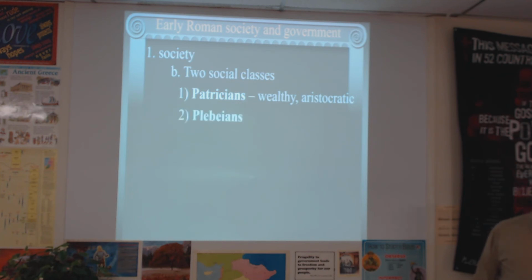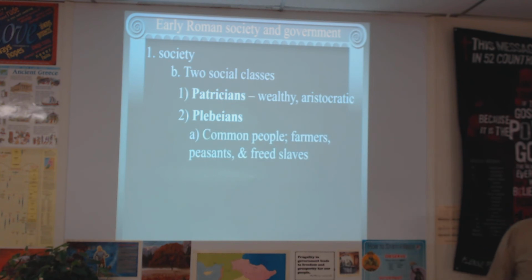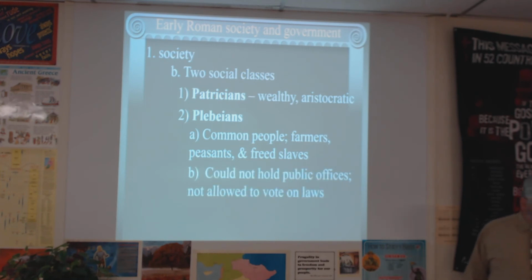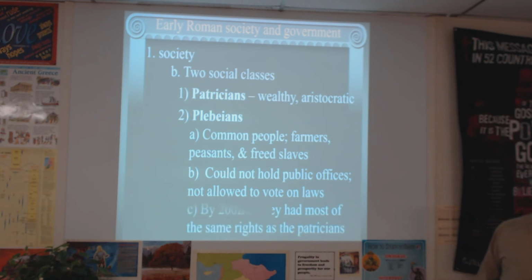The second were called plebeians. Those were the common people, the farmers, the peasants, freed slaves. Now, plebeians could not hold public office, and they were not allowed to vote on laws. By 200 BC, through a lot of movement within the government and a lot of reform, they had most of the same rights as the patricians.